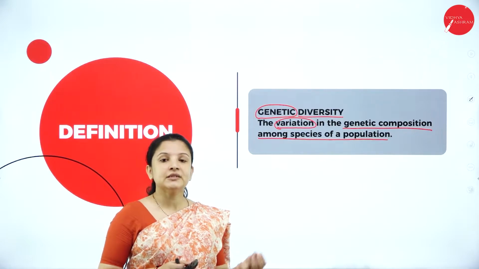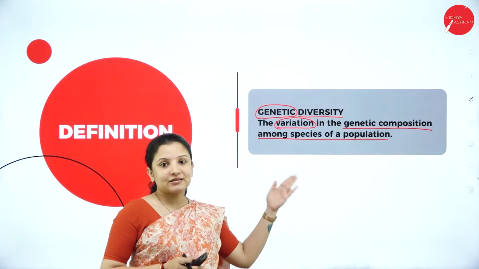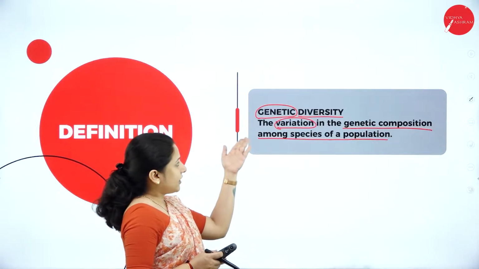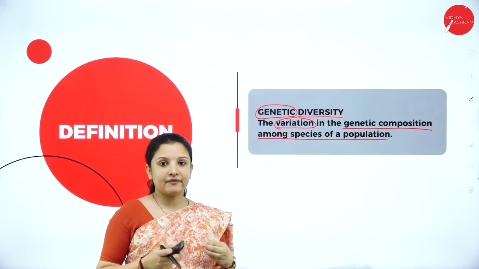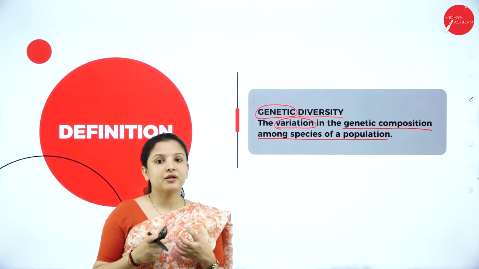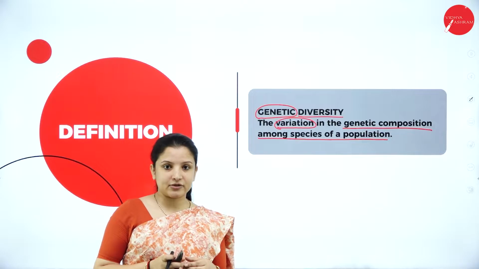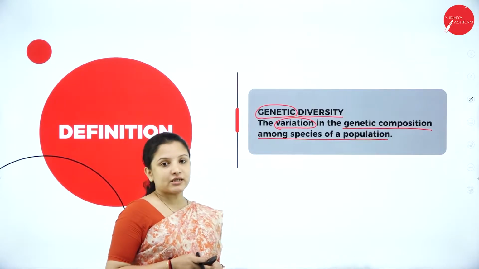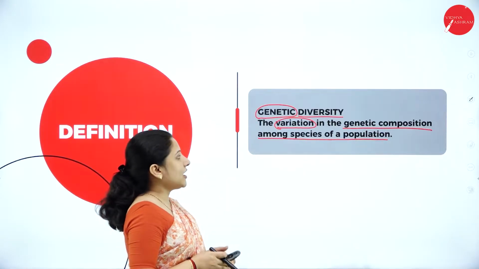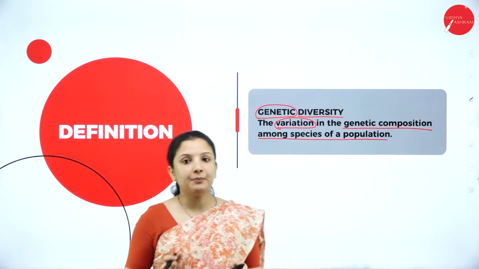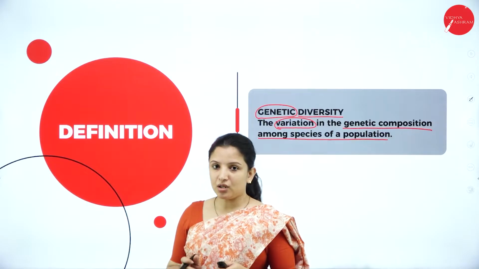It is because of the genes that are controlling the various characteristics in a body. And this genetic diversity is the one that is bringing about a variety of organisms on this planet. So that is genetic diversity, which is the variation in the genetic composition among the species in a particular area or a particular population.